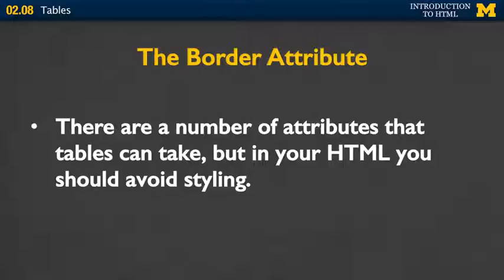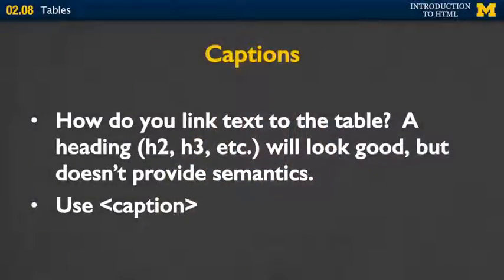So you can use the border attribute to go ahead and put lines in between each one of your cells. And it's very common to do that. But again, in your HTML, I try to avoid styling. It's something we can add later if you decide to learn more about CSS. But it's an attribute that's so commonly used, I wanted to go ahead and put it in there so you could see what was going on.